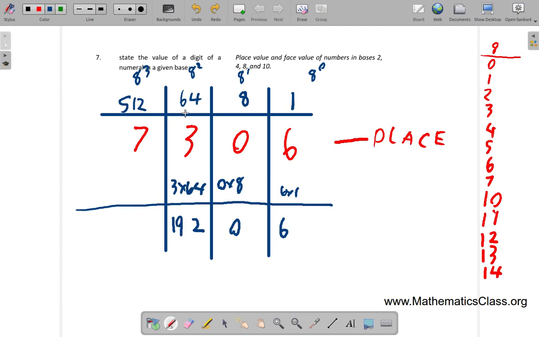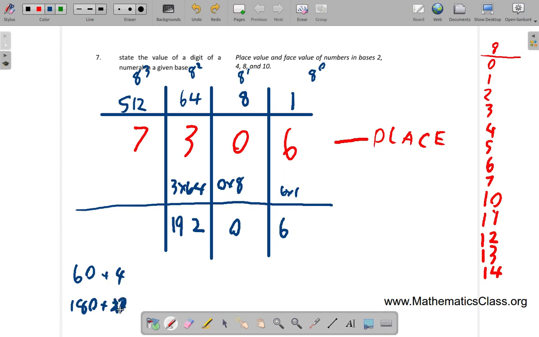Or I could say 3 times 60 plus 4. 3 times 6 is 18, so 180. 3 times 4 is 12, not 24.